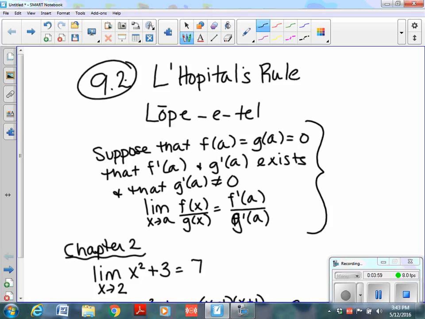Basically, if you can't put the limit in, and it turns out to be 0, what you are doing is taking the derivative of the numerator and the denominator. That's what L'Hopital's rule is. So, here we go.